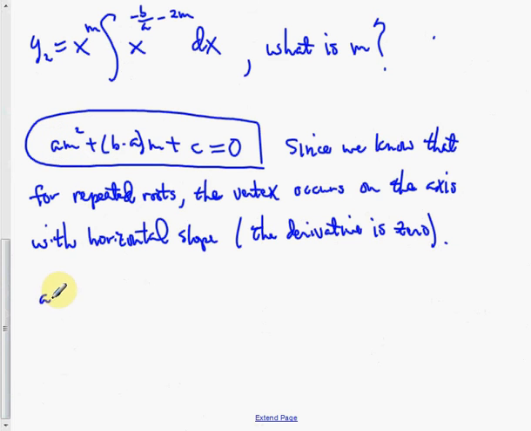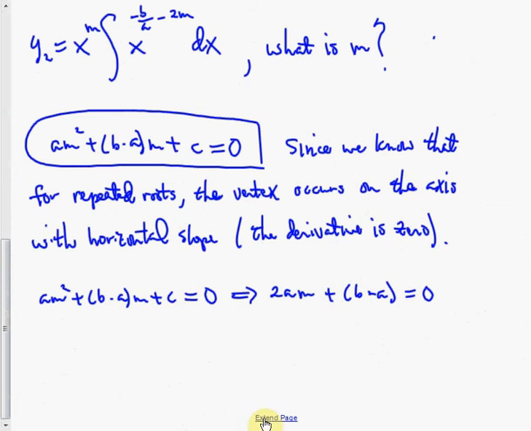So here, a m squared plus b minus a times m plus c equal to 0 implies, applying the derivative on m, 2am plus b minus a is equal to 0. Solve for m.